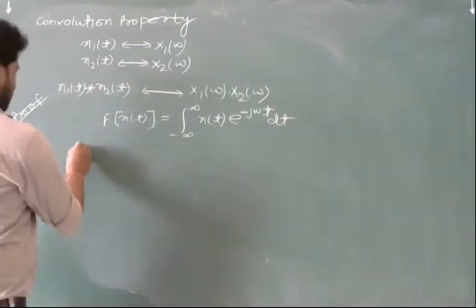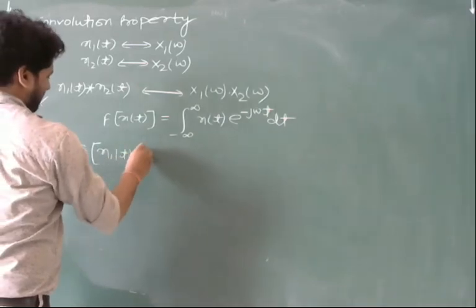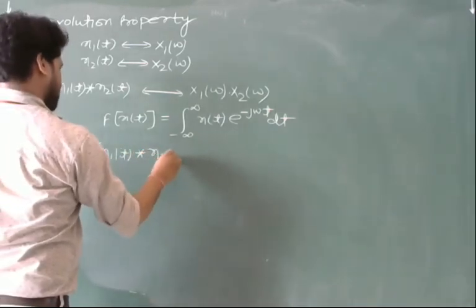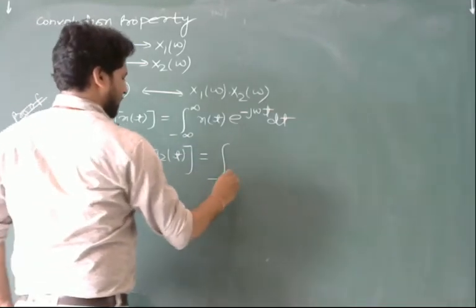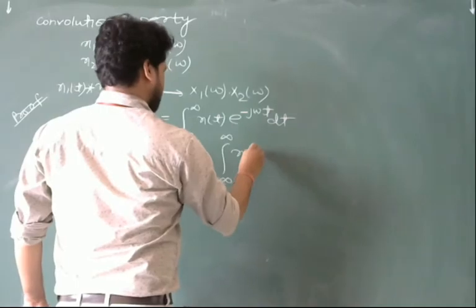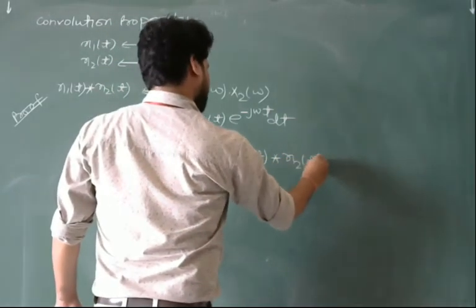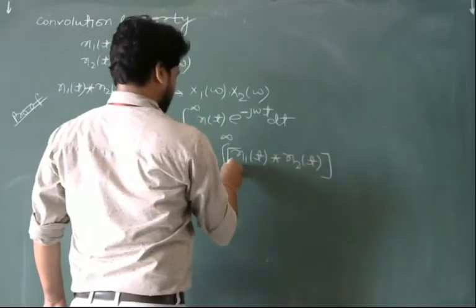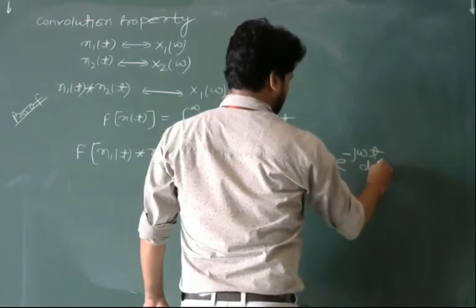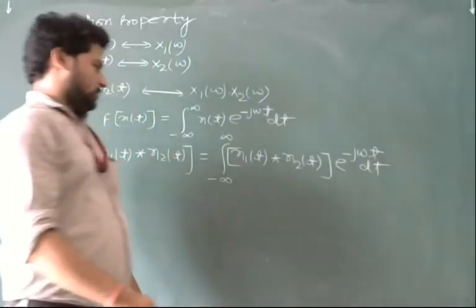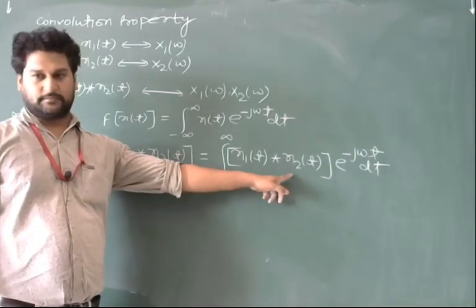It means that the Fourier transform of the signal x1(t) convolution with x2(t) will be equal to the integral from minus infinity to plus infinity of x1(t) convolution with x2(t) into e to the power minus j omega t dt.